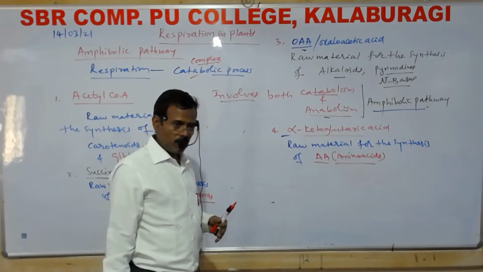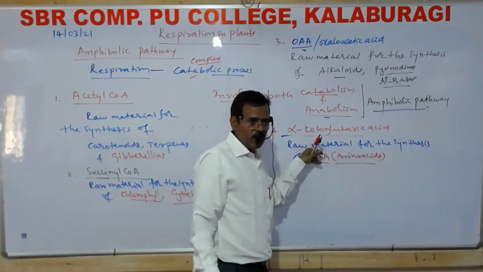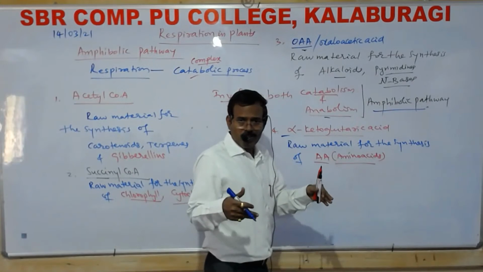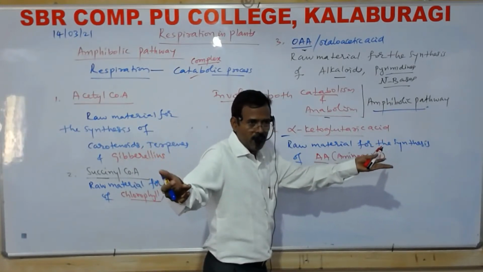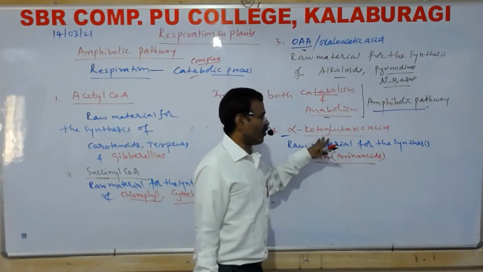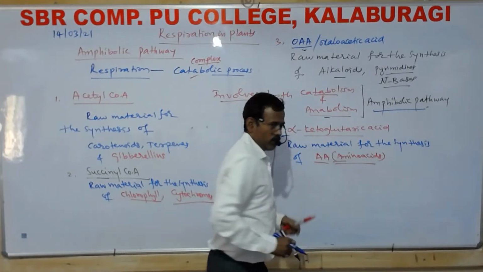By using that process, glycine can be produced. Glycine is one of the important amino acids from which 17 other amino acids can be produced by the reductive amination process. So alpha ketoglutarate acid is the raw material for synthesis of amino acids.